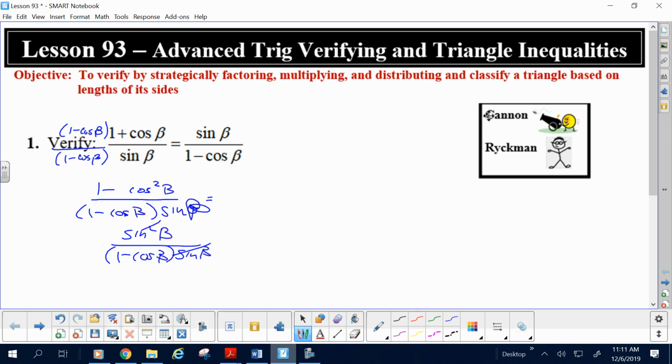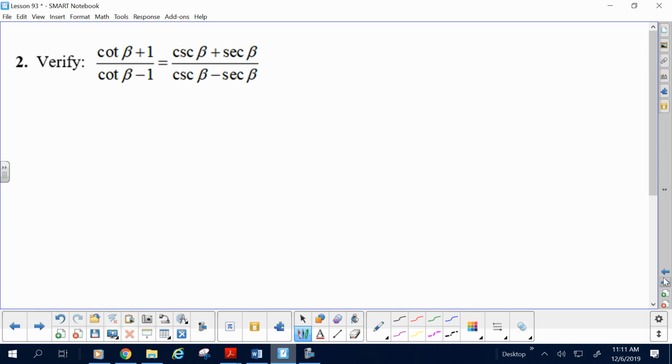If you divide out, then you have sine beta over 1 minus cosine beta, which is itself. You follow me? So if you can't multiply across, then do the next best thing. Multiply what you want to multiply by to just top and bottom.